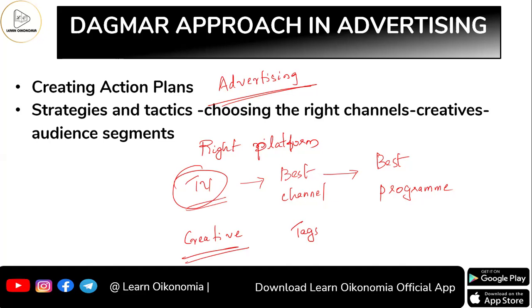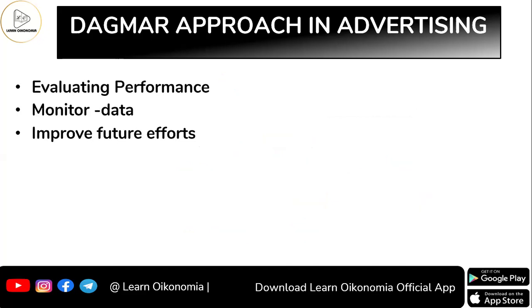So the company goes for the right action plans, and it might be implementing the same as well, choosing the right channels and going for the right program and so on. Now what happens? It will see the performance of the advertisement.